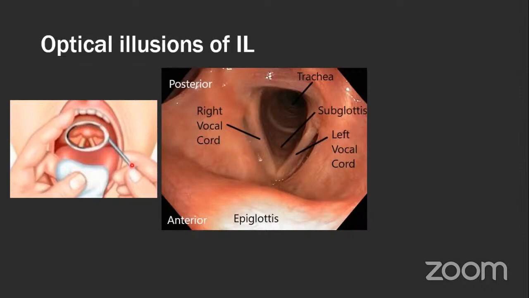Another one is anteroposterior reversal. See, here this is the anterior part, but normally in a direct laryngoscopy, the anterior part is here. So anteroposterior reversal will be there. Anteroposterior shortening will also be there. In indirect laryngoscopy, this anteroposterior shortening will be seen.